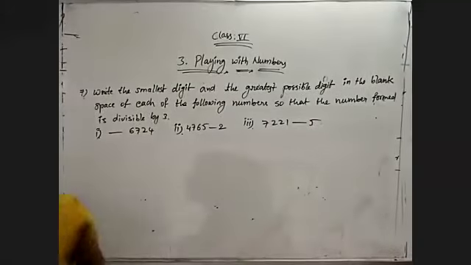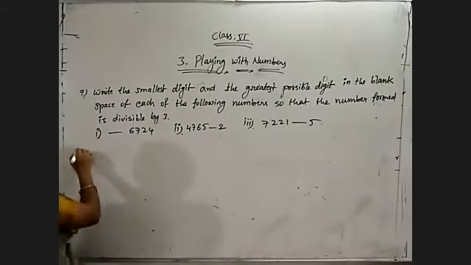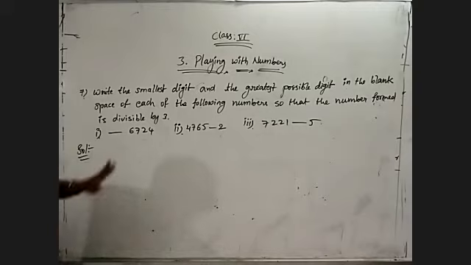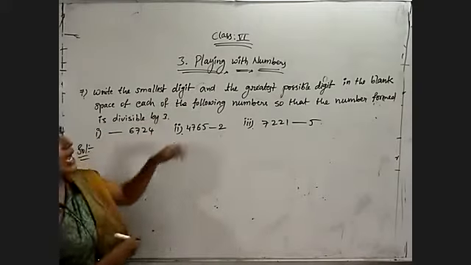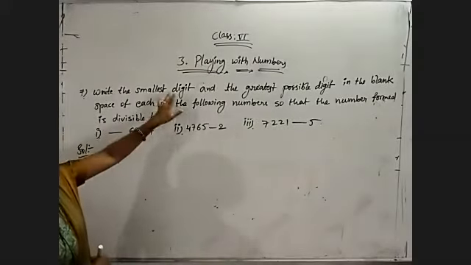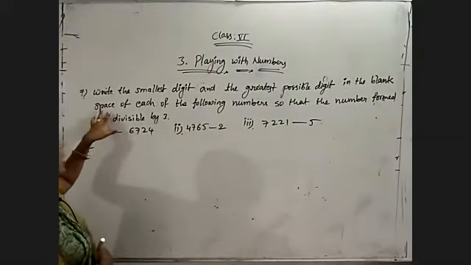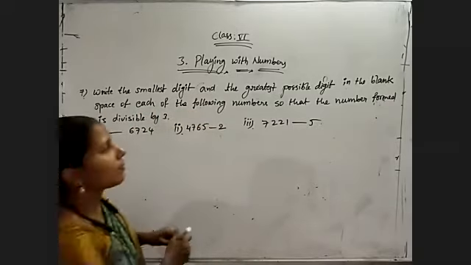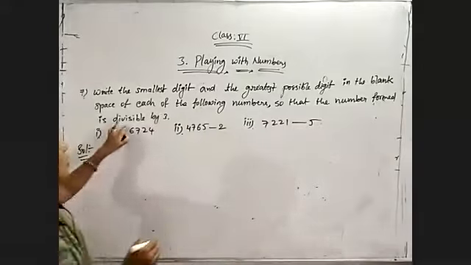So observe the question. This question is easy and important. A logical question for you. Write the smallest digit and greatest possible digit in the blank space of each of the following numbers so that the number formed is divisible by 3.